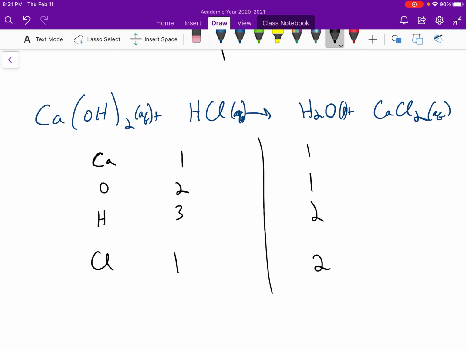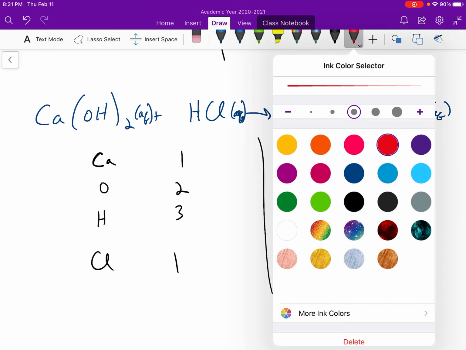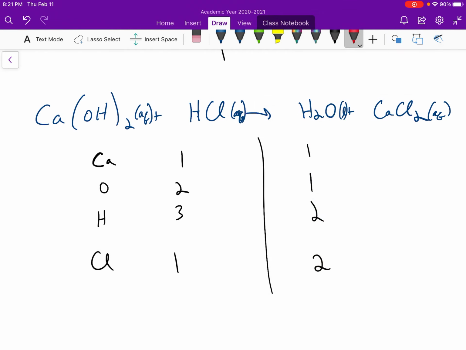Lots of problems. Pick a problem that you think you can fix and fix it. Okay? So, let's take the chlorines. That looks like an easy one to fix. There's 2 chlorines on the right. I'm going to put a 2 here. See what that does. Right?